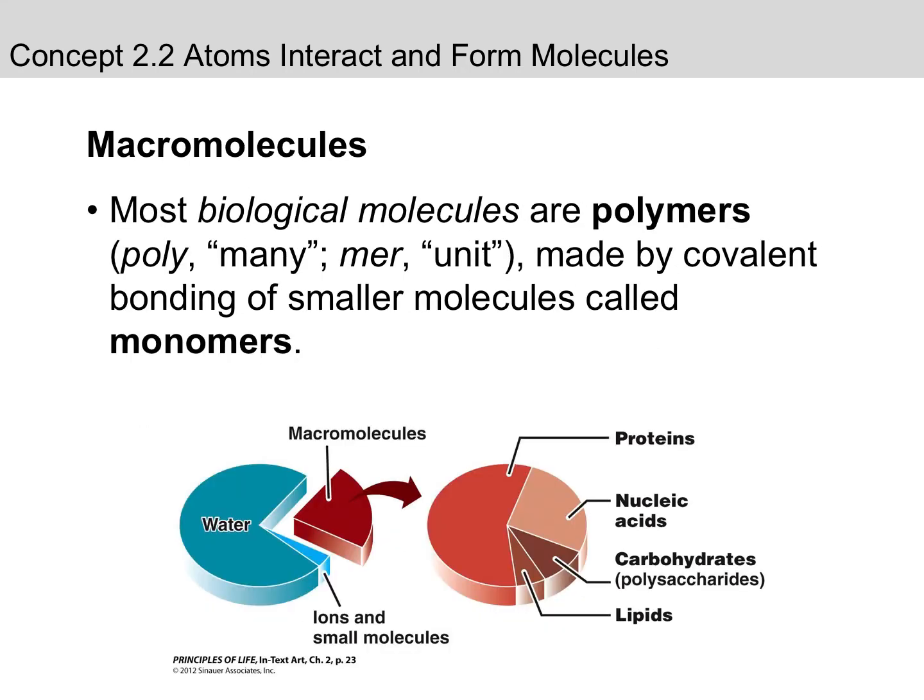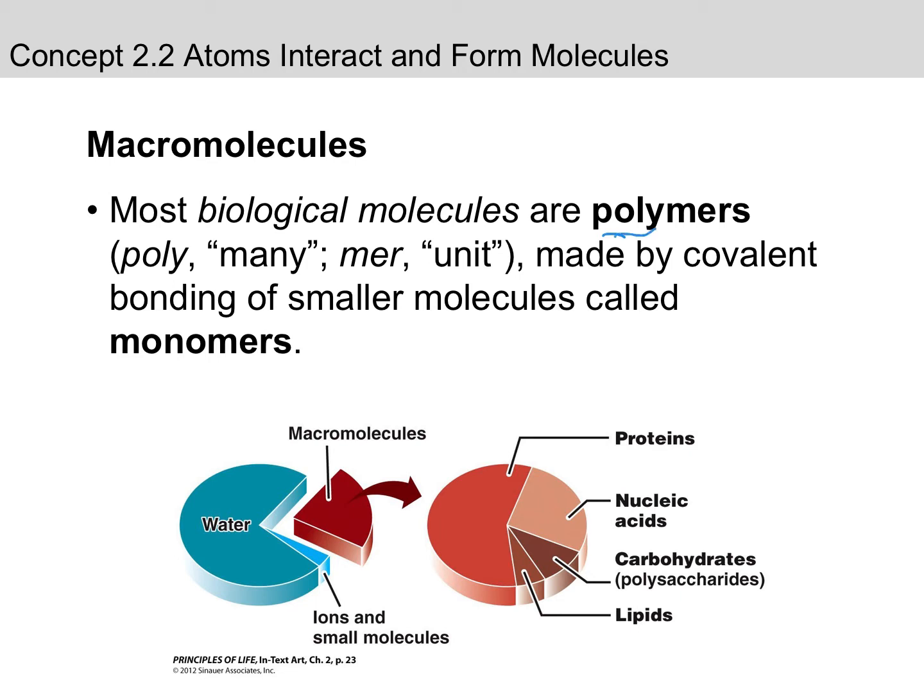So for the next part of Unit 2, we're going to be talking about the macromolecules. Macromolecules are larger molecules, and most biological molecules, so many times students remember the term biomolecule from 9th grade, are polymers. Now, polymers is a word that is two roots combined.